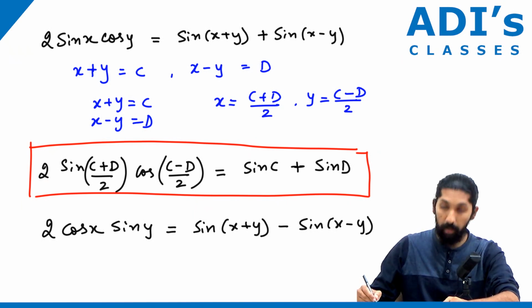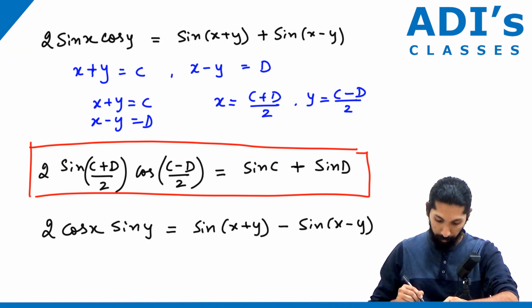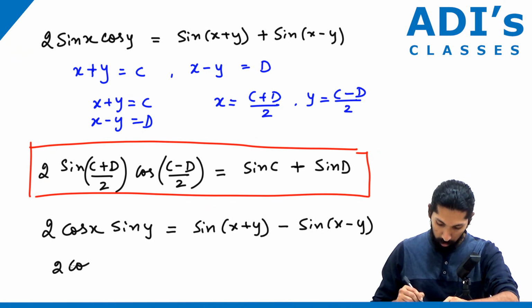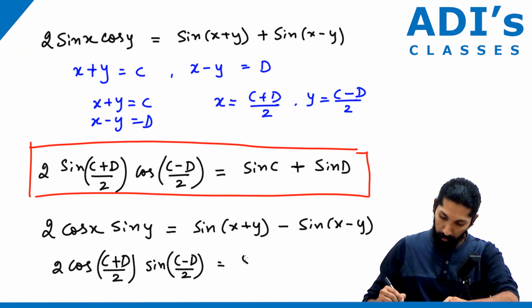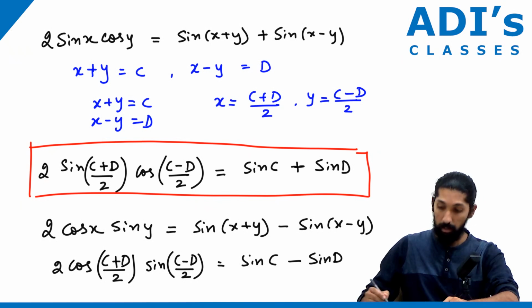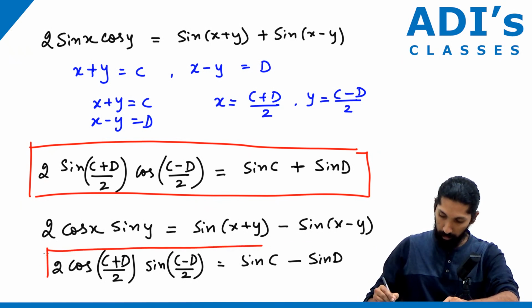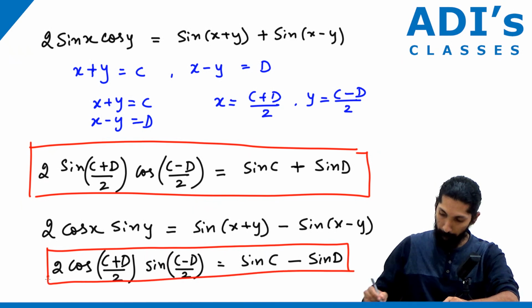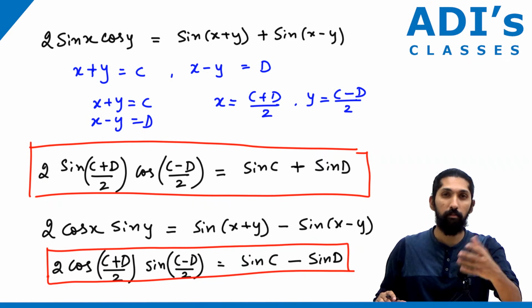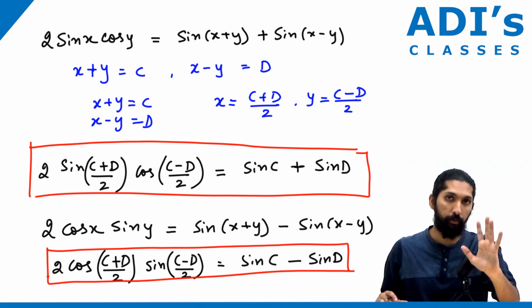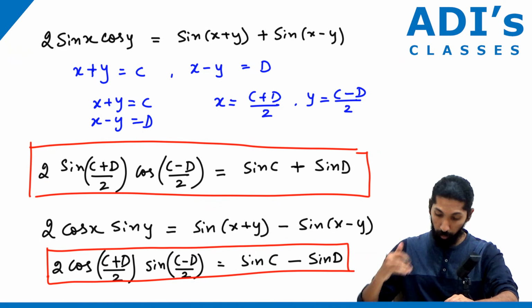Now, with the same logic, you get 2 cos (c plus d) by 2 into sine (c minus d) by 2, equal to sine c minus sine d. This is going to be the next property. Formula, property, anything you can call it. So now we have 2 of them.